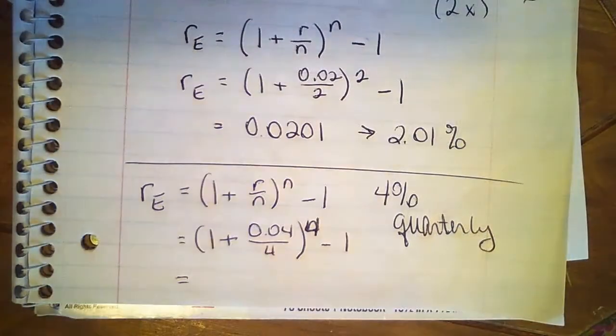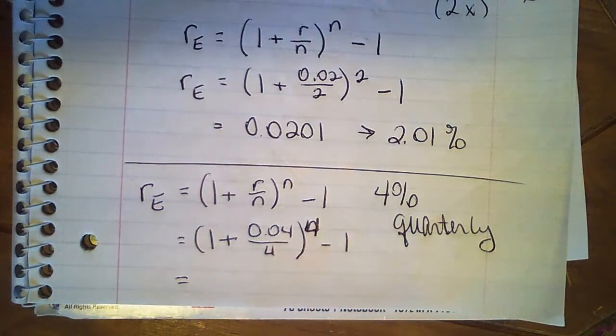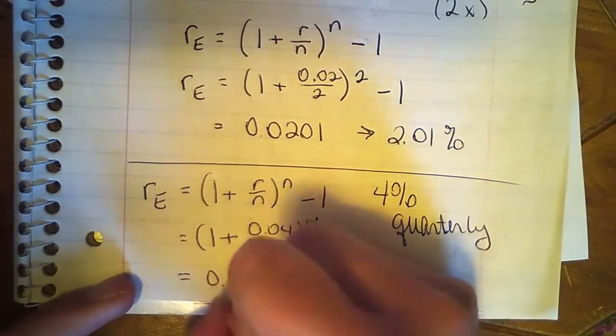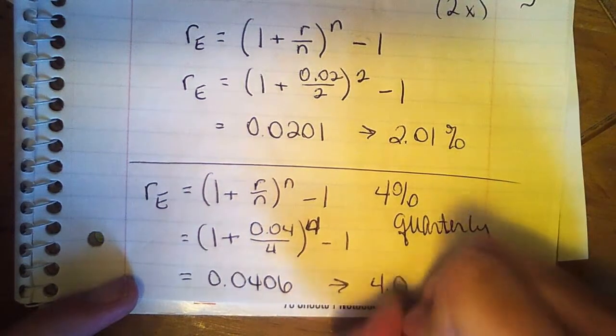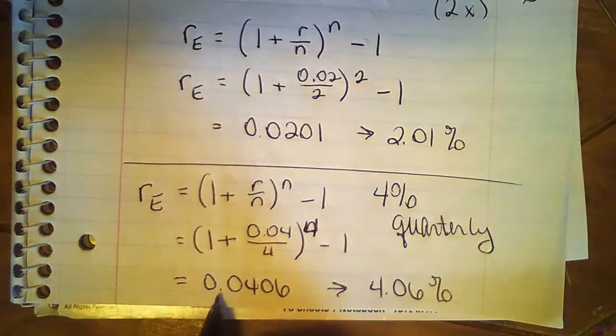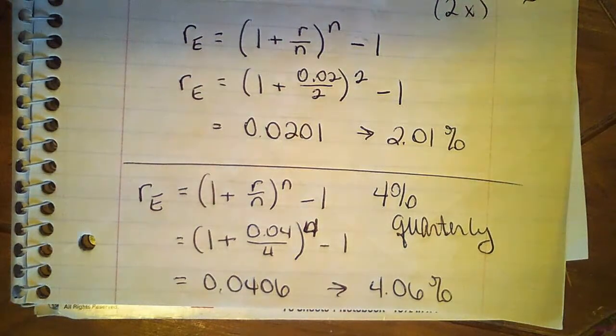And then when I put that in my calculator, 1 plus 0.04 divided by 4, raised to the 4th power, minus 1, I end up with 0.0406, which when we change that will be 4.06%. So again, I'm just moving my decimal point twice to the right, back where it was in percentage world.